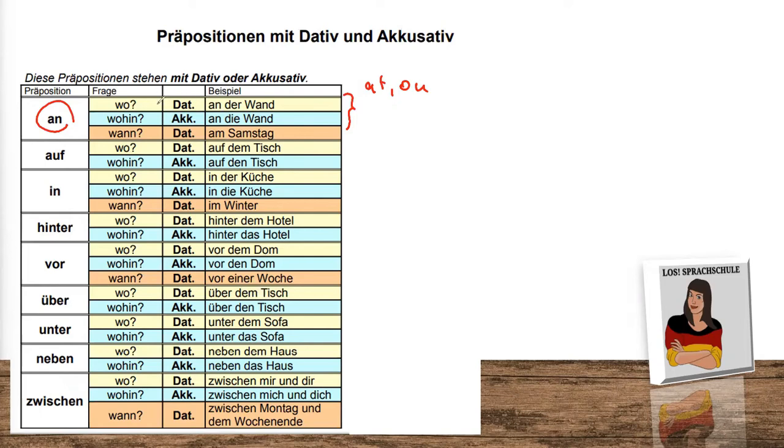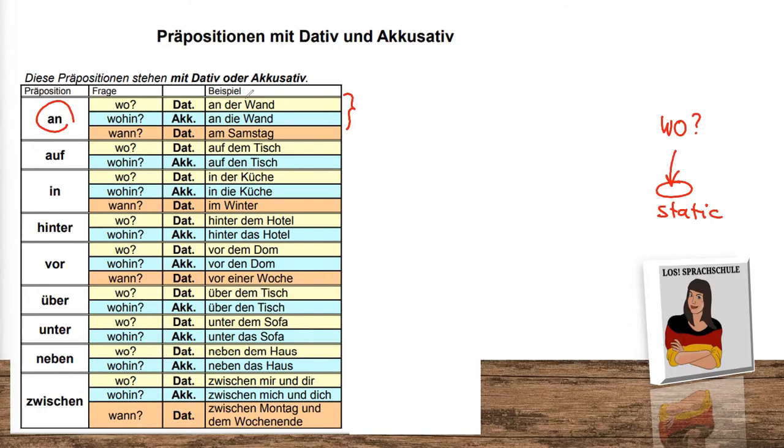When we say something is somewhere, already doing something, no matter what, just existing is enough, so to speak, then we use dative. An der Wand. You can remember wo means where, and it literally means something or somebody is somewhere existing. No movement, it's static.